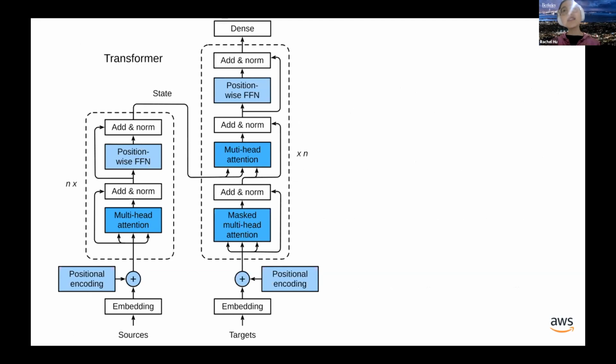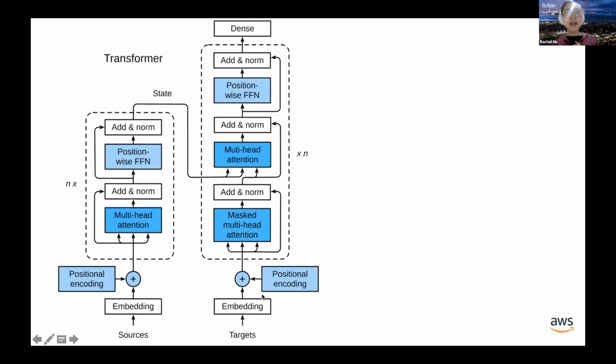Here is the overall transformer with the encoder and decoder architecture. As you can see, for example in a machine translation task, the source will be a source language, for example English, coming in. It goes through the embedding and positional encoding, then moves into the transformer encoder blocks, and is then transferred to the transformer decoder blocks.